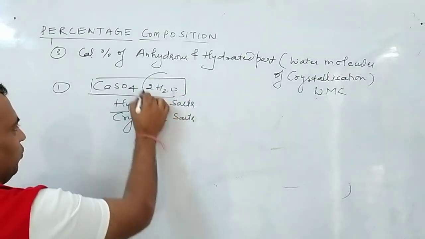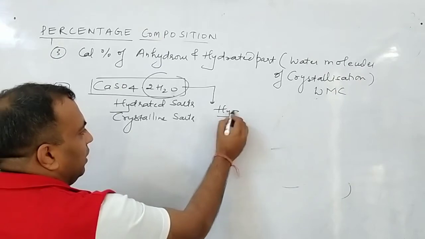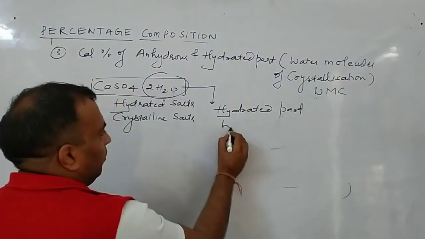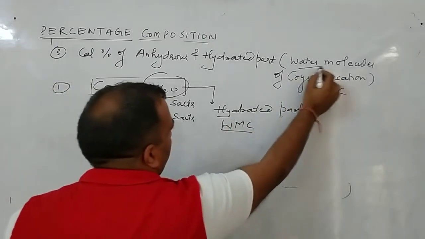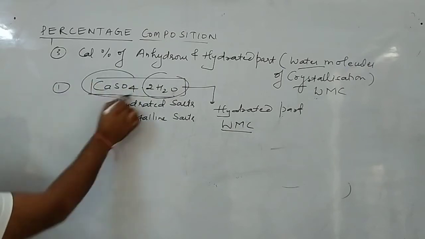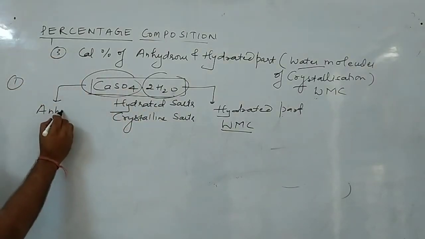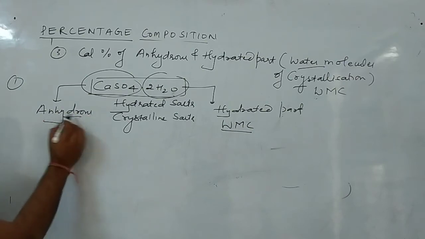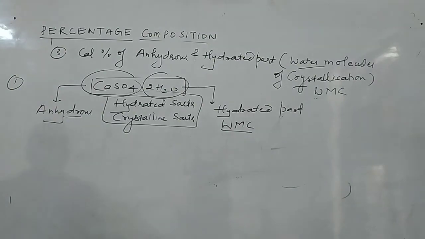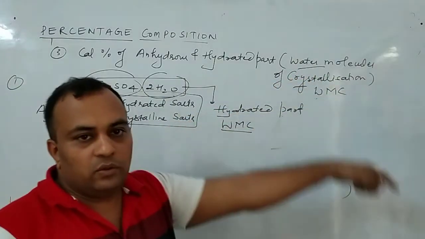And remember, these water molecules are separately said to be the hydrated part, or I can say WMC, water molecule of crystallization, whereas this separate part, only CaSO4, is said to be the anhydrous, whereas the total collective is said to be hydrated or crystalline. So we have to calculate the percentage of anhydrous and hydrated, means water molecule of crystallization.